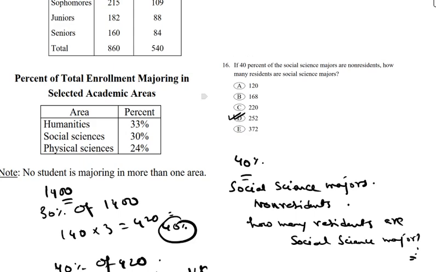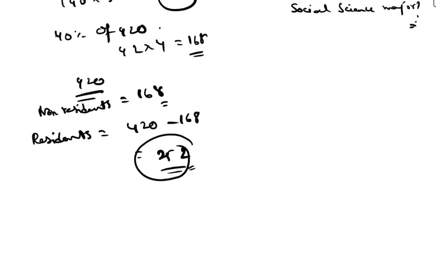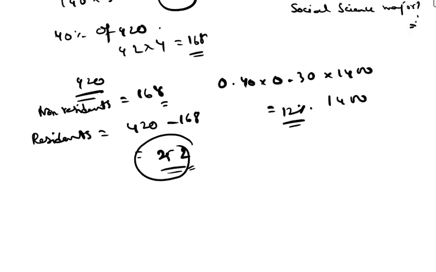So effectively non-resident social science majors are what? 0.40 into 0.30 into 1400. So let's solve this. 12%. Okay, so 12% of 1400 will be what? 168. Same result.